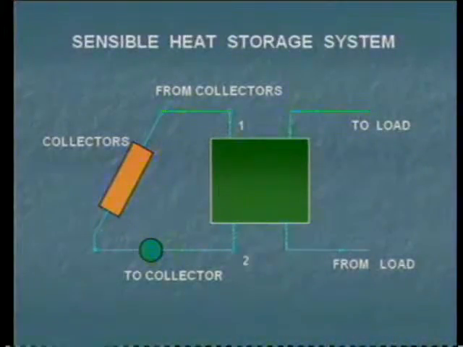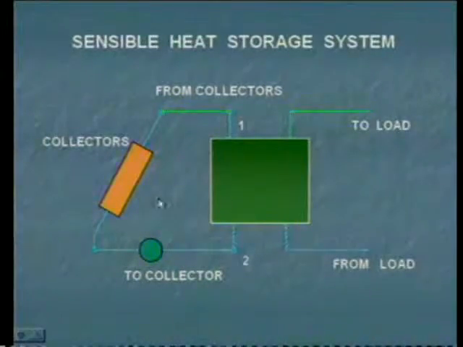Now that hot water moves from the flat plate collector to a heat exchanger. From the heat exchanger, by means of a pump or by gravity, the water moves back to the flat plate collectors.